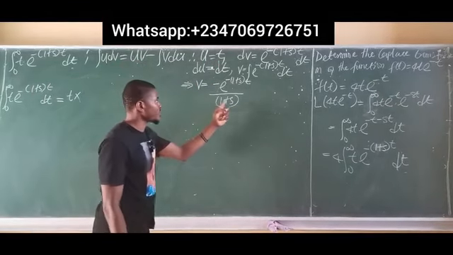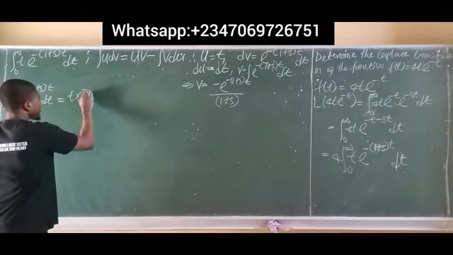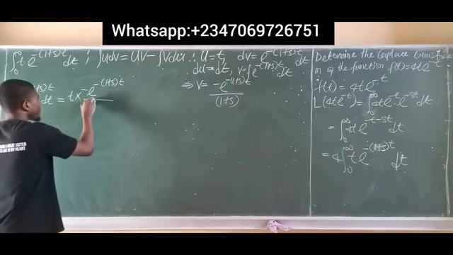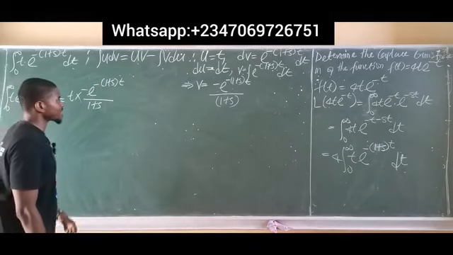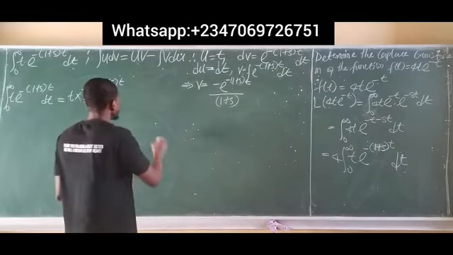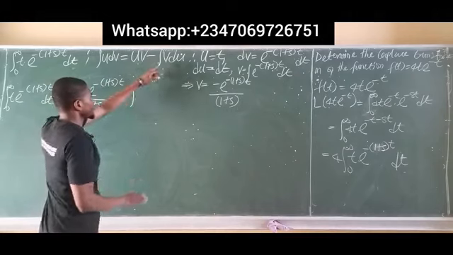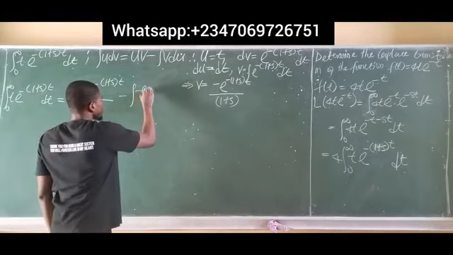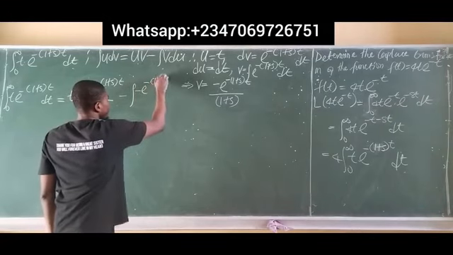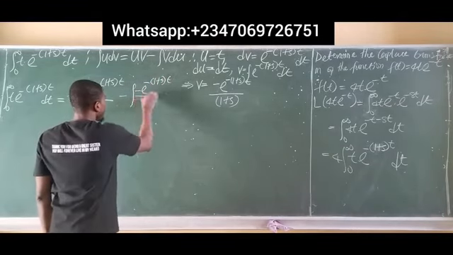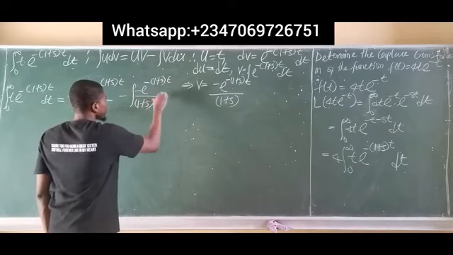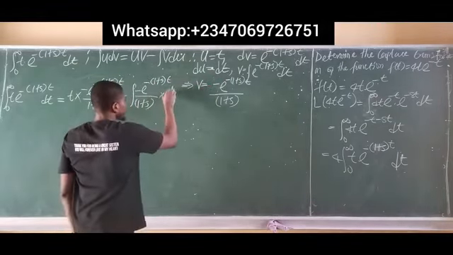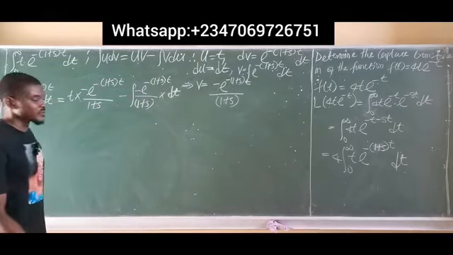V is simply equal to minus exponential minus 1 plus s times t all over 1 plus s, minus the integral of v times du. Again, v remains minus exponential minus 1 plus s times t all over 1 plus s, multiplied by du. What's our du? Du equals dt, so multiplied by dt. You simply have this.